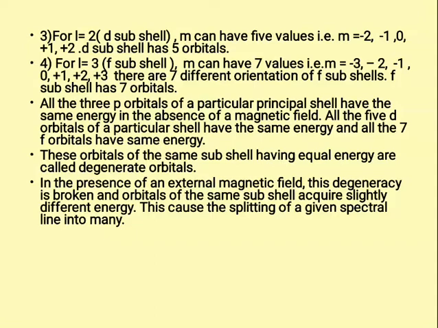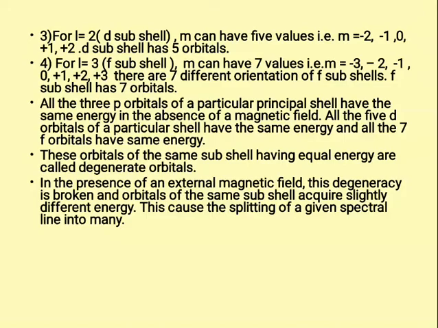So the d subshell can have 5 orbitals. Similarly, the f subshell will have 7 orbitals or 7 different orientations: minus 3, minus 2, minus 1, 0, plus 1, plus 2, plus 3.